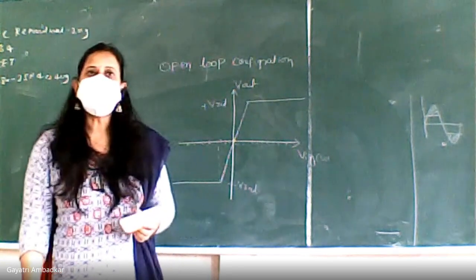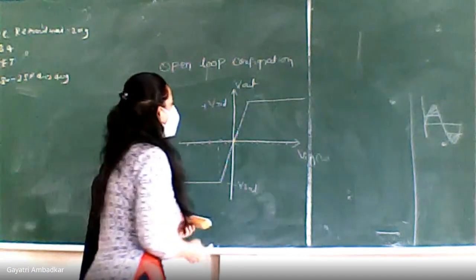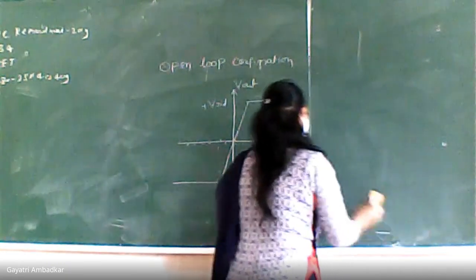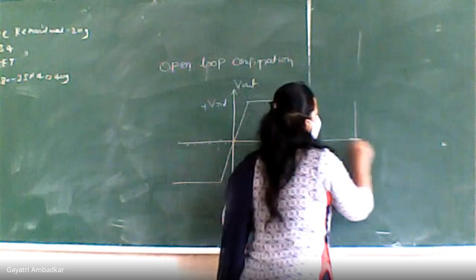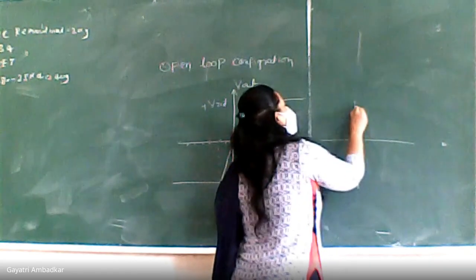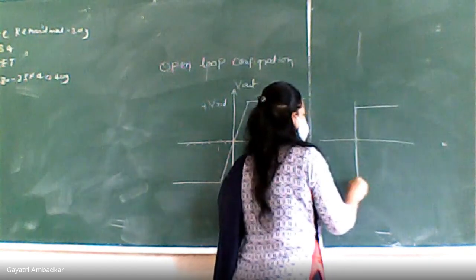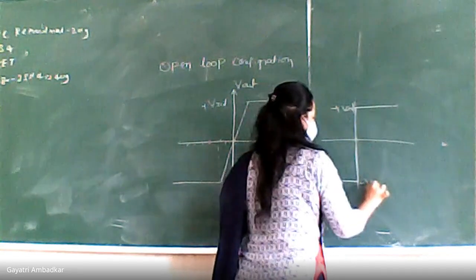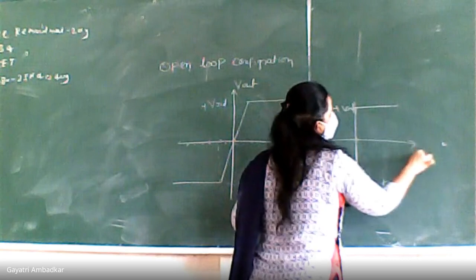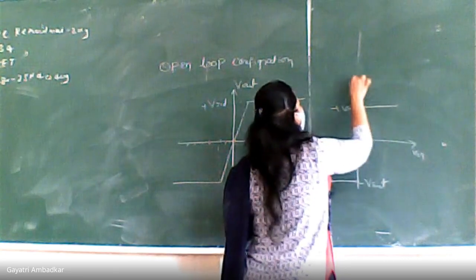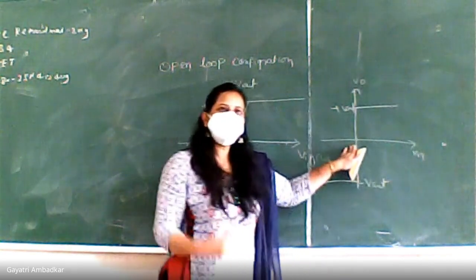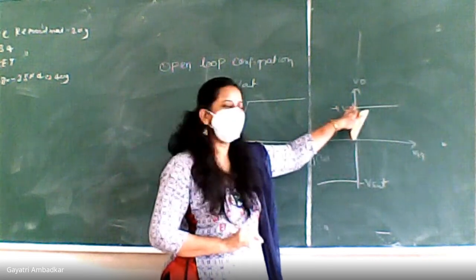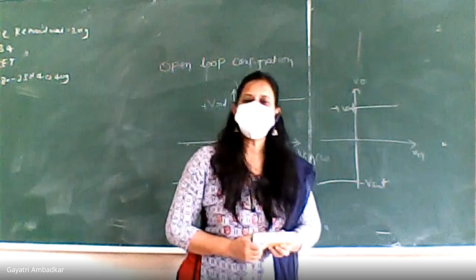Ideally, if I want to draw these ideal characteristics, here I will show the graph. This is V in and this is VO. Ideally, when input is 0, it immediately reaches the saturation value.